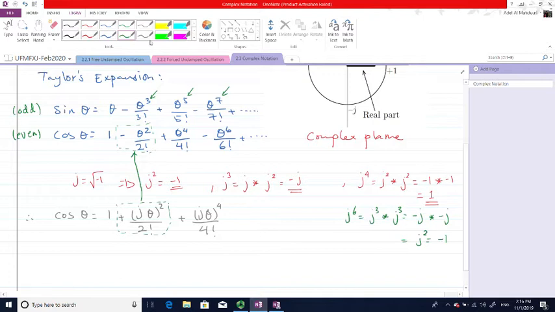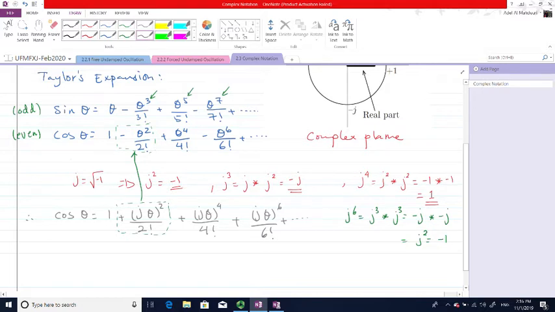So we have j theta to the power 6 over 6 factorial, and j to the power 6 is minus 1. Therefore, minus 1 multiplied by plus gives minus theta to the power 6, and so on. Then we have plus, plus, plus. Everything will be positive.